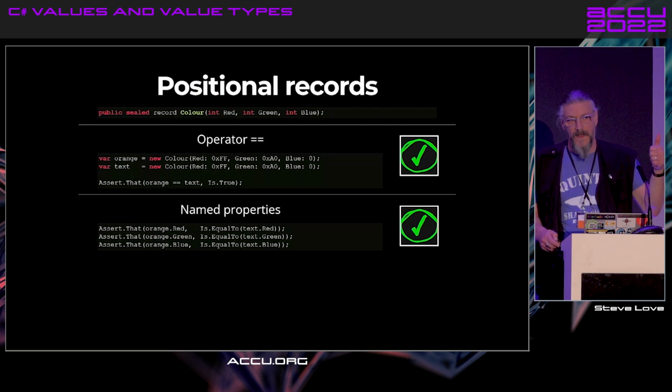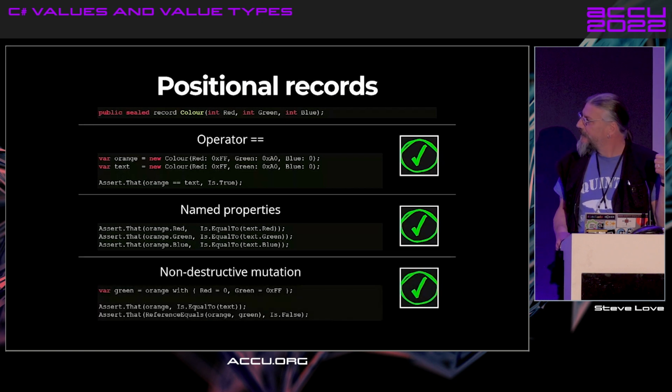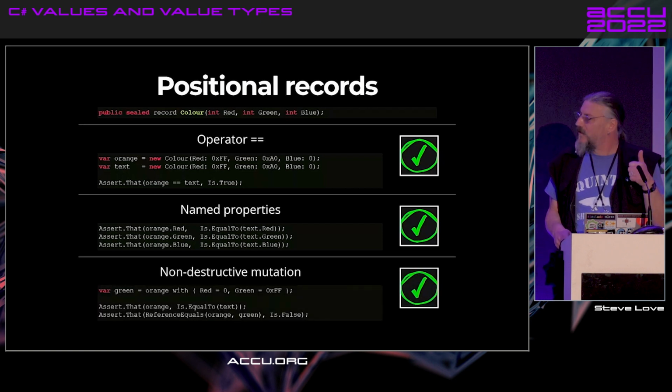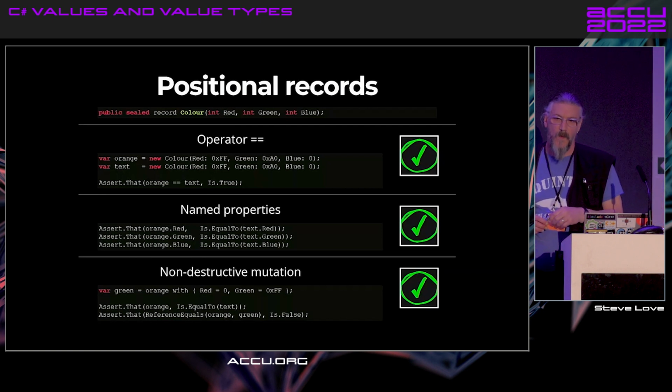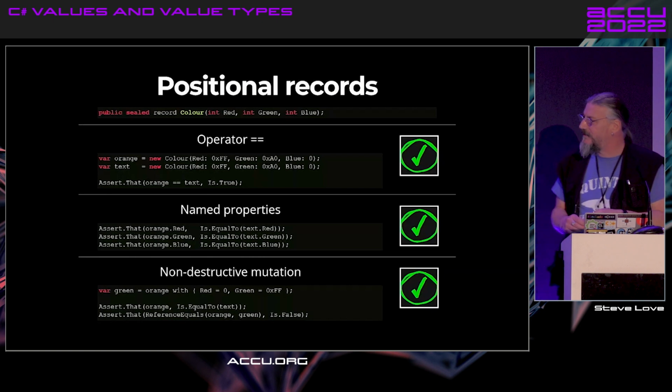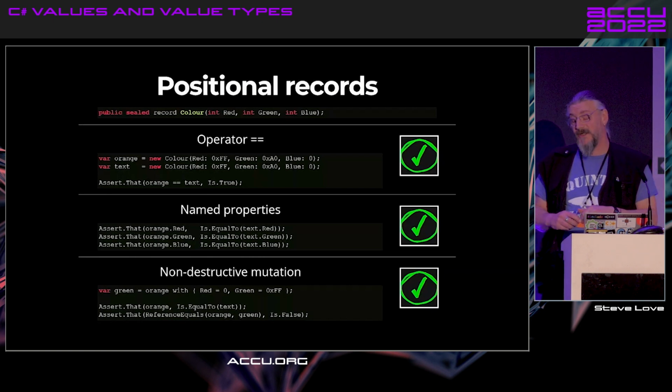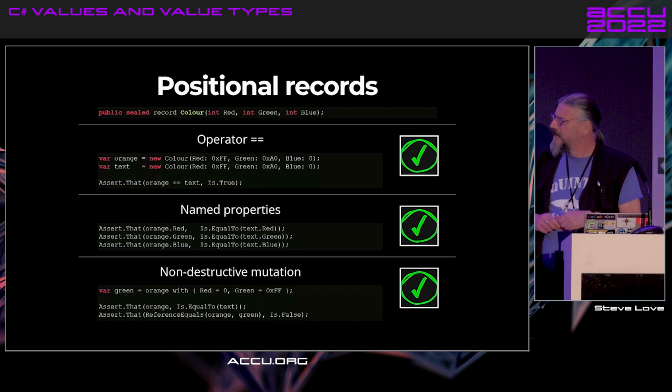There is one other thing that is quite interesting about records, which they've called non-destructive mutation, which is a somewhat peculiar name for a variety of reasons. It certainly doesn't destruct anything, and it certainly doesn't mutate anything either.